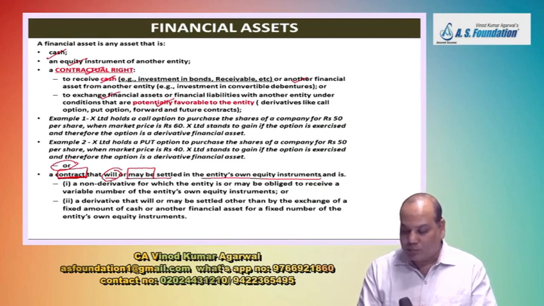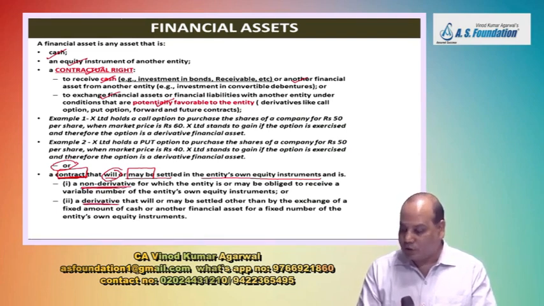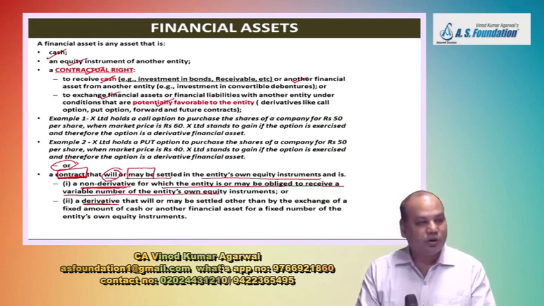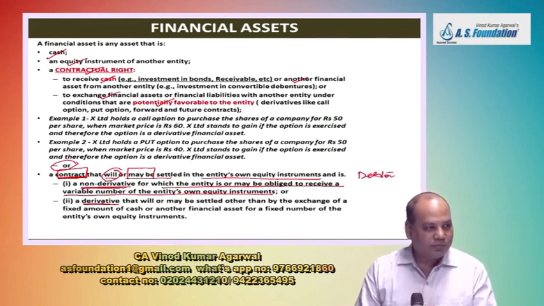And this contract can be a non-derivative contract or a derivative contract. In case of a non-derivative contract, the entity is or may be obliged to receive a variable number of the entity's own equity instruments. So you have a debtor, a non-derivative item.